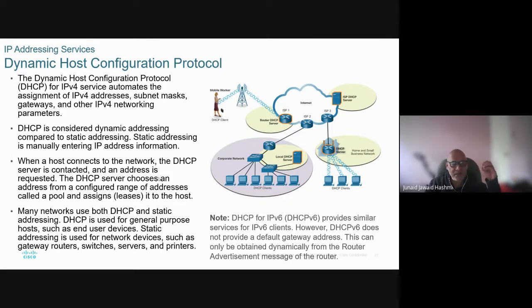But maybe this DHCP server is not in the same subnet as you, or the servers that the client needs to access. So the client will not be able to access those network services. So you have to make sure that in your network, there's only one DHCP server.